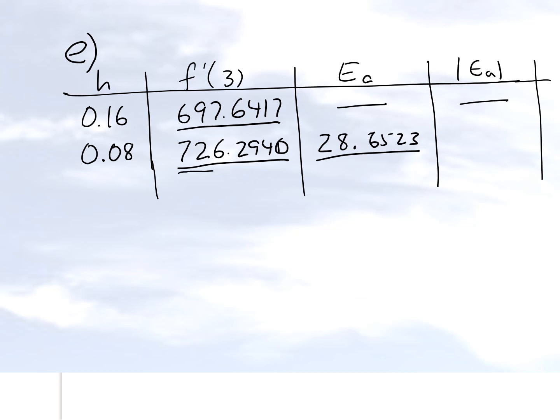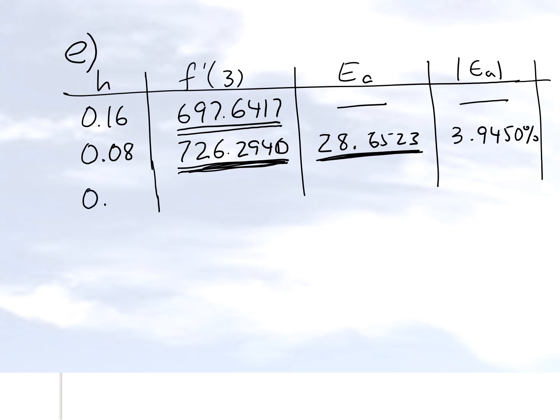The absolute relative approximate error will turn out to be 3.940%, which is simply calculated from the approximate error divided by the absolute value of the current approximation, multiplied by 100.